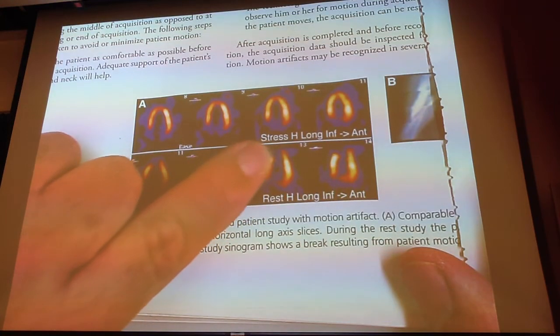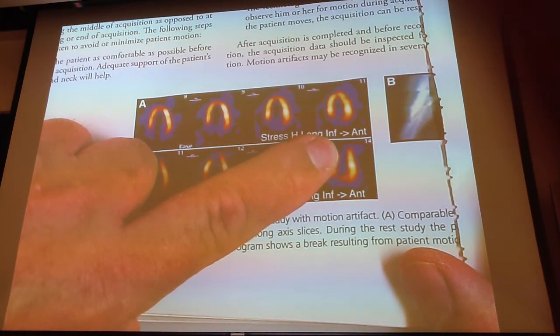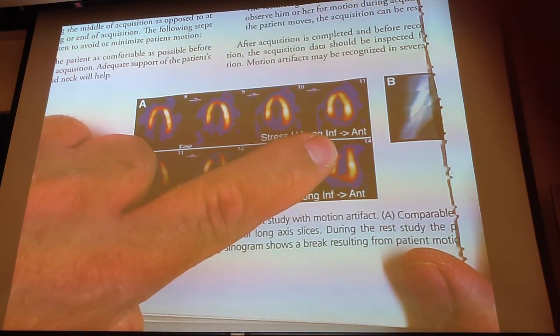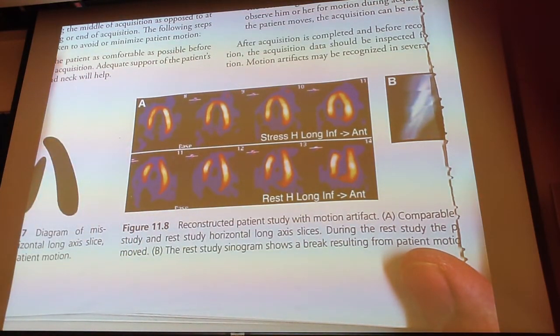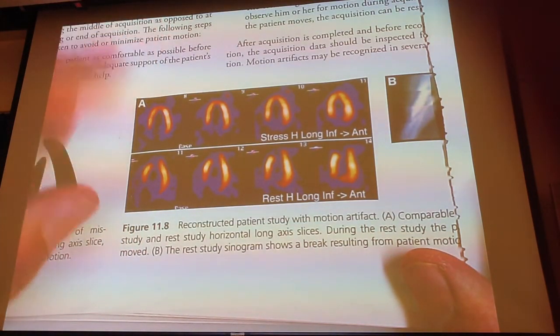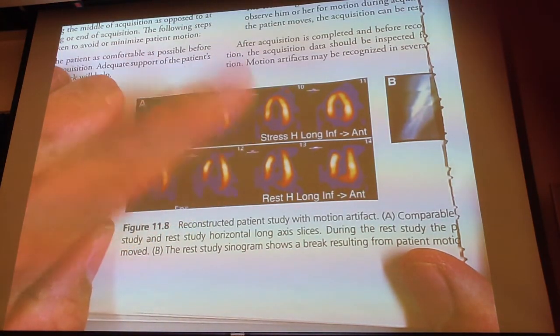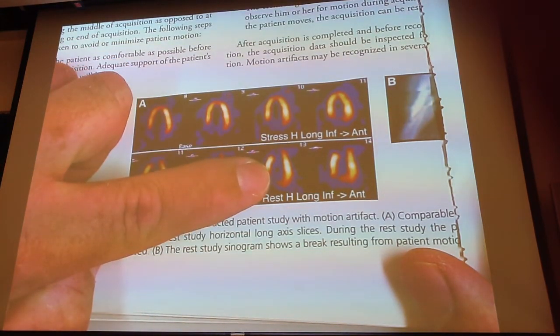You have an incomplete reverse letter U here, or did we say it was an upside down B? Wouldn't that just be indicating ischemia? Well, normally you wouldn't have a reverse like that. Normally you shouldn't have a normal stress and an abnormal rest.